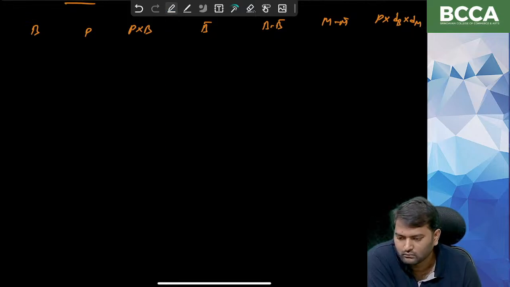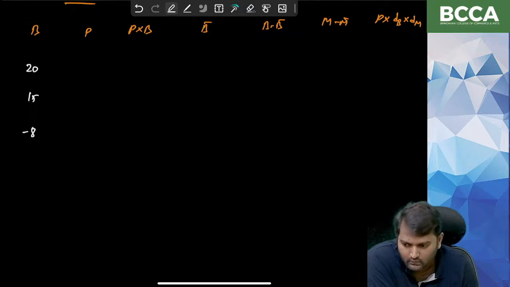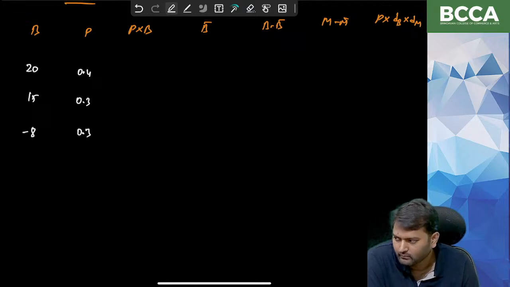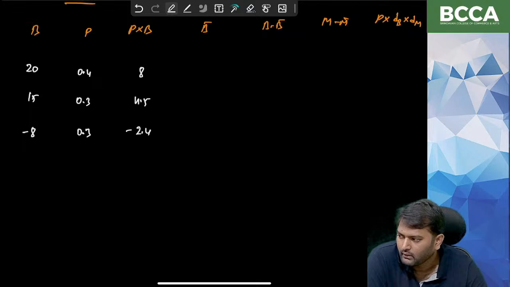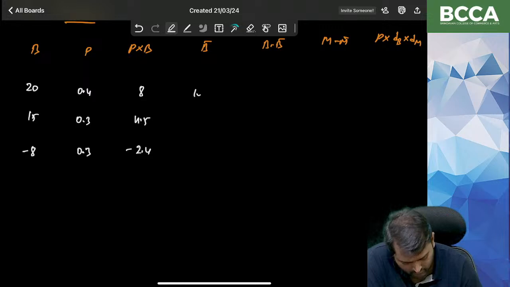B: 20, 15, minus 8. Probability: 0.4, 0.3. Next P into B: 8, 4.5, minus 2.4. What about B bar? 10.1.